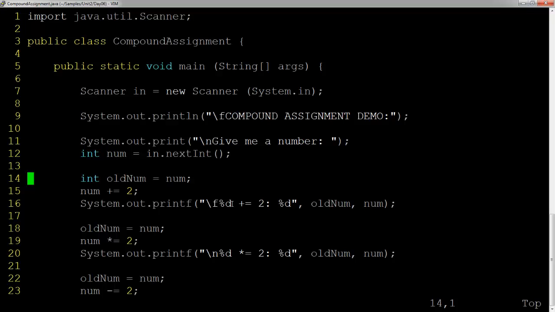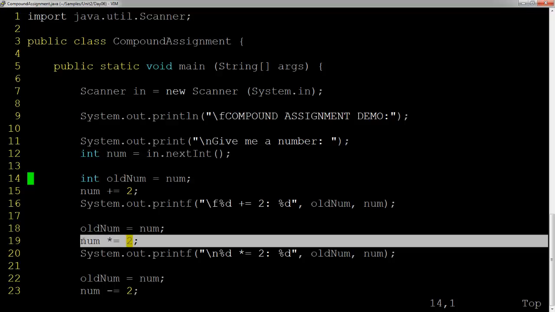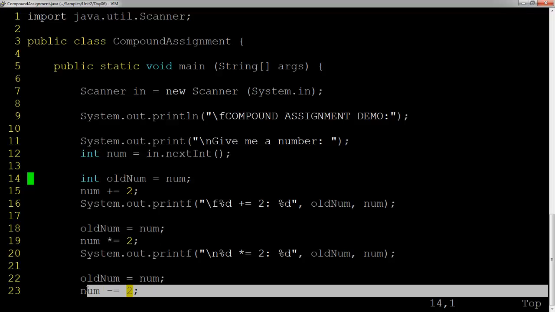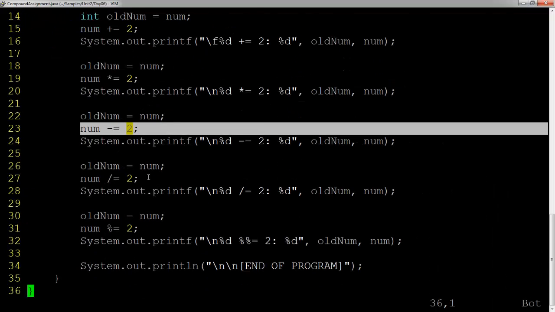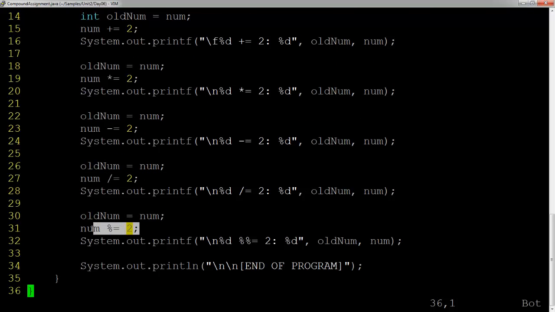This way we can print it out without having to use a lot of print statements. We have lines like num plus equals 2. That's going to add 2 to whatever value is there. Num times equals 2 is going to double it. Num minus equals 2 will subtract 2 from whatever value is there. Num divided by equals 2, and num mod equals 2. And then we'll just print out these results.